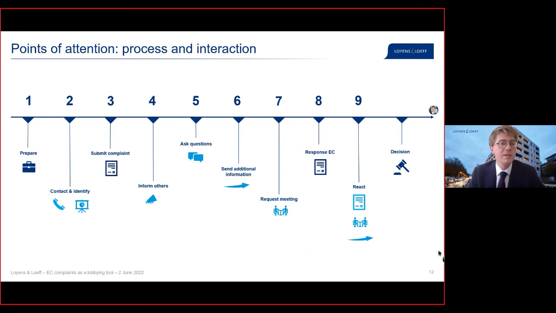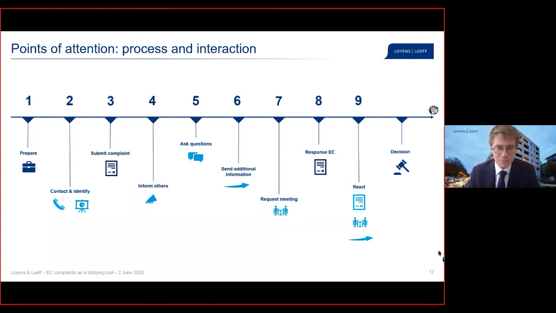For additional information, the same comment applies. Try not to overload them with several emails. Try to do that in a proper manner, of course, and maybe leave some important information with you, and once you have the formal position of the Commission, send it to the Commission so they can maybe elegantly change their view in light of additional information.